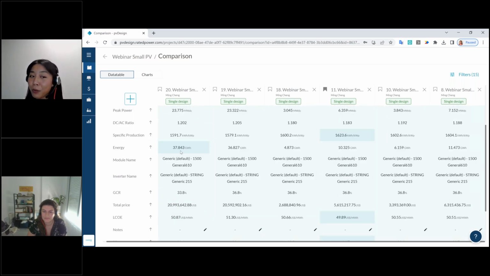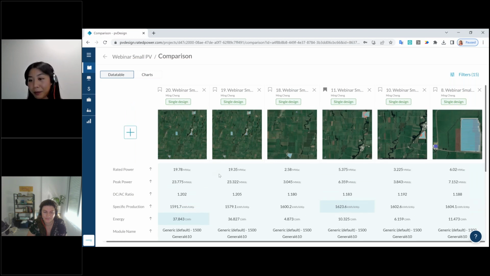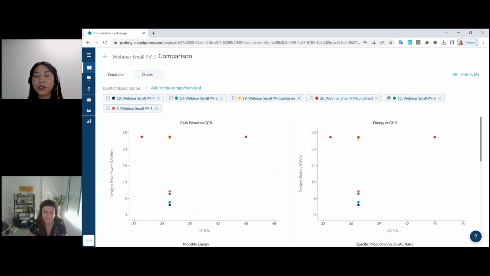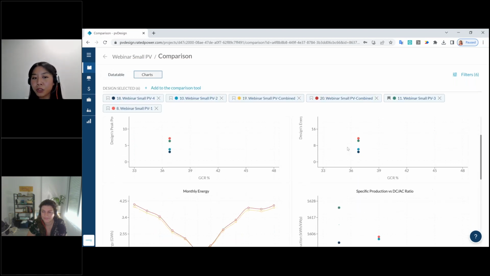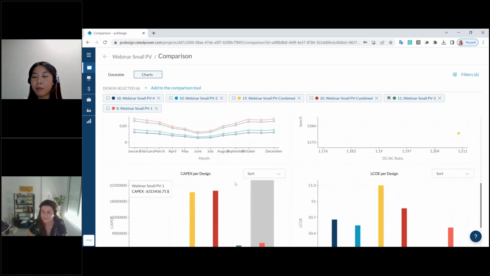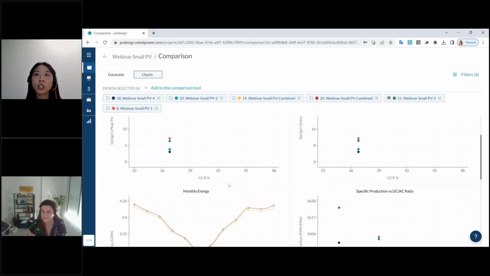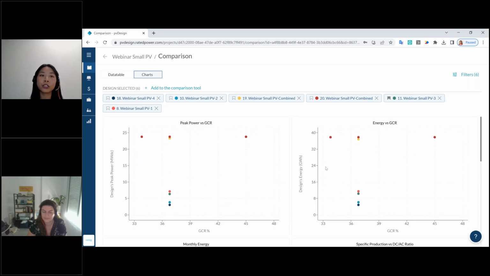However, if we want to consider how much energy we're getting per year, of course, the combined one will give us the most because we're installing the most structures and the highest peak power there. And you can also view it in the chart view to see how exactly they're varying from each other, for example, the cost, the energy yield, etc. So to answer your question in short, you can use our comparison tool.